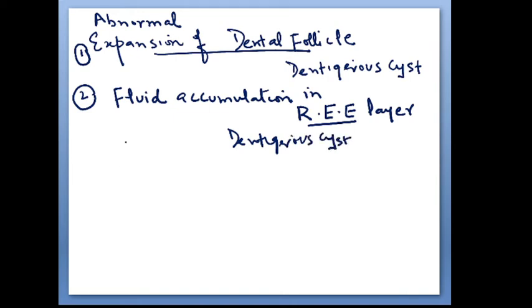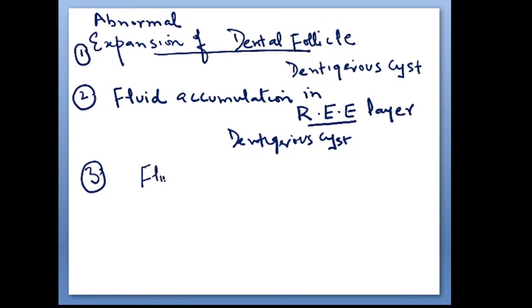Or if there is fluid accumulation between the residual epithelial layer and the outer layer of the crown, it again gives rise to a dentigerous cyst.